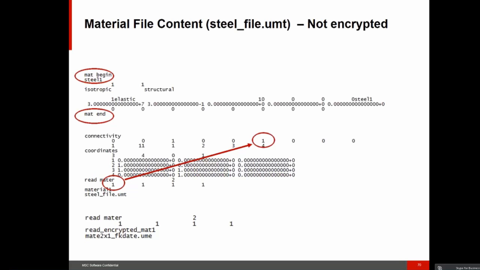Read the data from a UMP file, which meant it was an ASCII text file, or here we read the material data from an encrypted file, and it will basically associate that material with the connectivity, or it will associate that material with the CAD body, and then will have associated the connectivity with the CAD body.